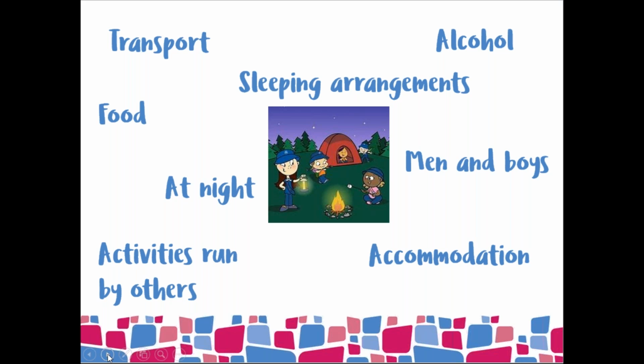On trips, we often do activities that are run by others. We need to confirm the qualifications held by instructors are Girl Guiding compliant, and how do we know this? How does your commissioner know that you've done that when you send in your REN off? Very often activity providers will be able to send you a risk assessment for their activity, which is really handy, saves us a job.